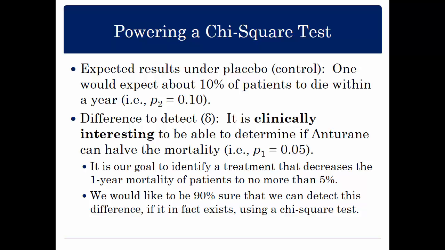In addition to understanding what could happen under the control condition, you need to also specify what you want to see in the experimental condition. That's the difference that you wish to detect. The way that you specify this is you have to ask yourself, either from the literature or from your experience or from what the standards are in your field, what difference is clinically meaningful.